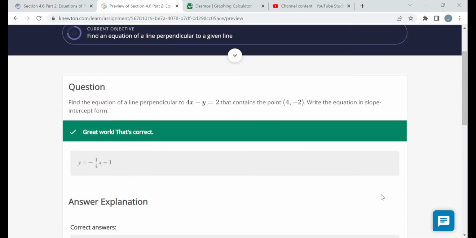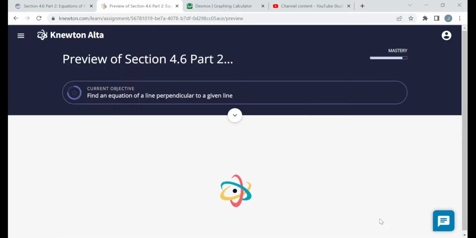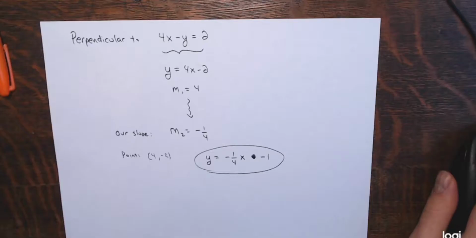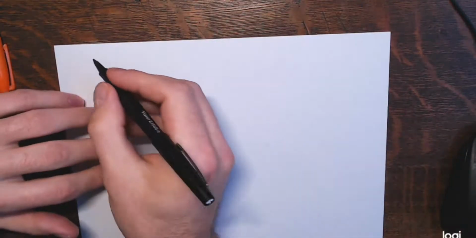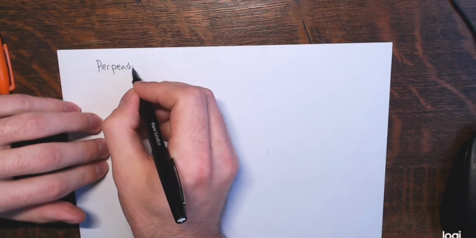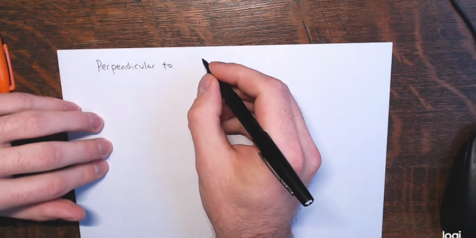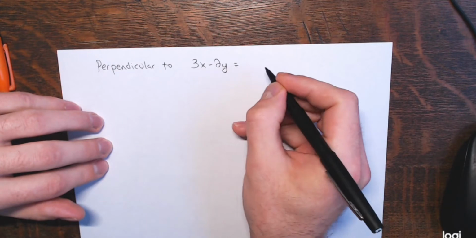Great. And I should have just one more of these with the word perpendicular in it. So again, I'll write this out. Our line is perpendicular to this line, 3x minus 2y equals -3.